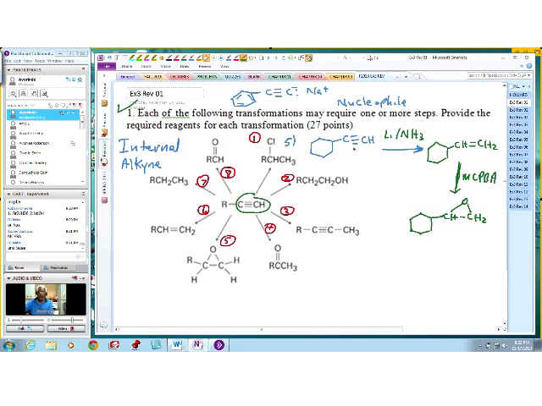You could also use the sequence of reactions in which, step 1, you use bromine water, and then step 2, you react the product of the bromine water with sodium hydroxide. And you will get the epoxide.